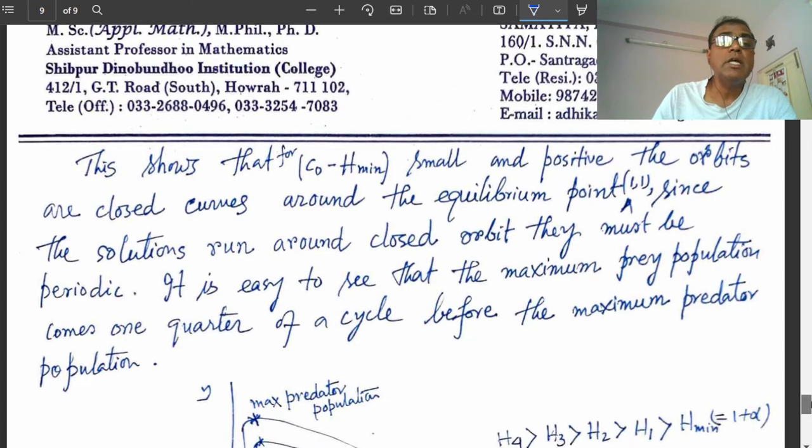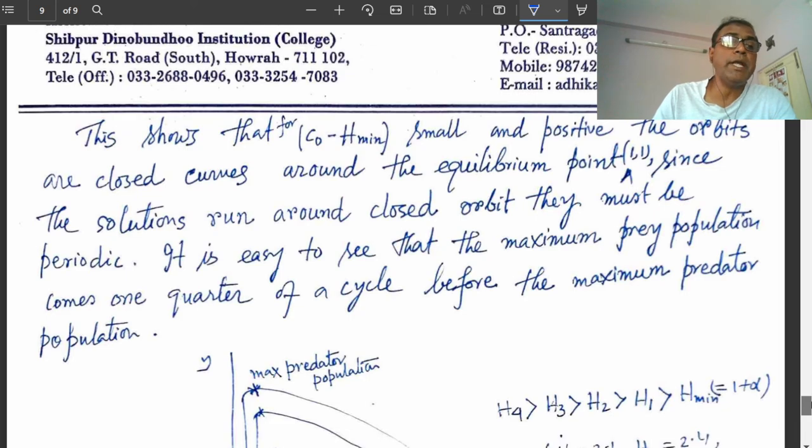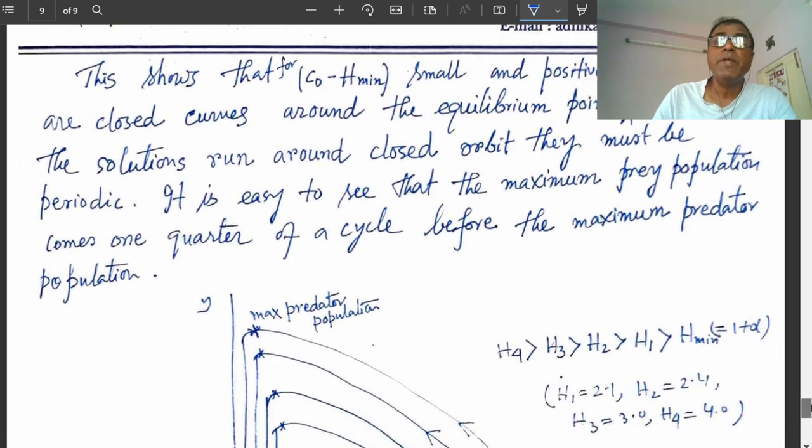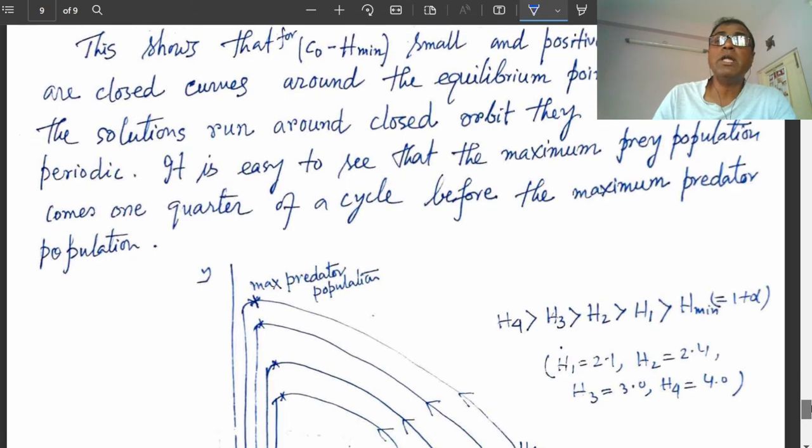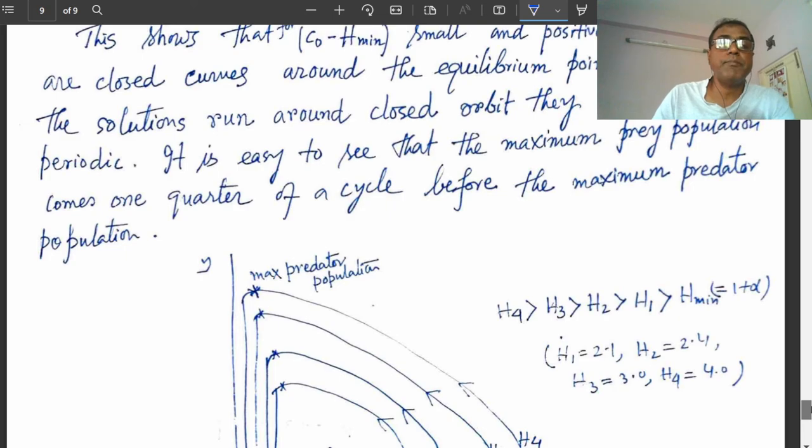Since the solutions run around closed orbits, they must be periodic, and it is easy to see that the maximum prey population comes 1/4 of a cycle before the maximum predator population.